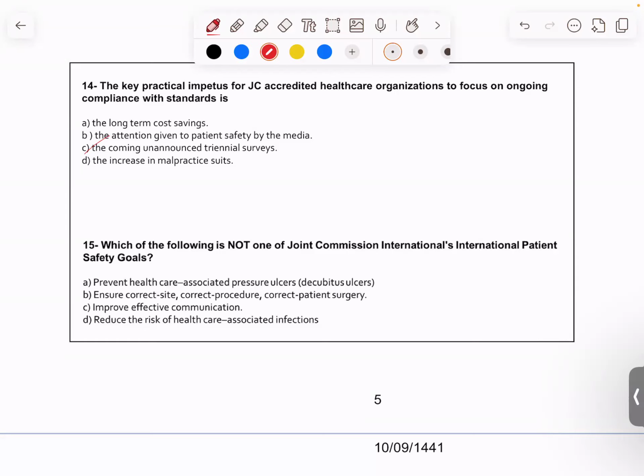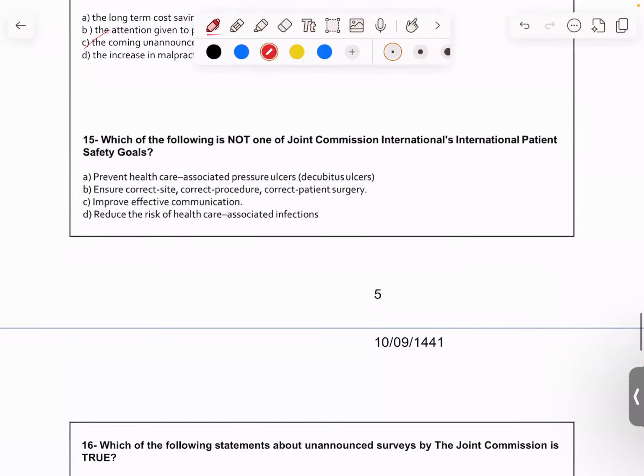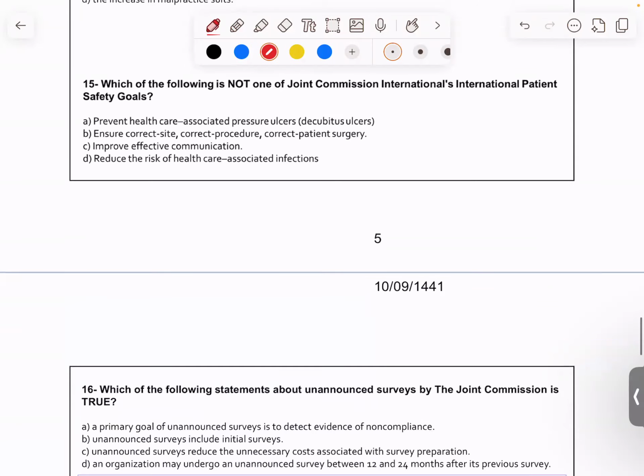Okay, number 15. Which of the following is not one of the Joint Commission International Patient Safety Goals? A, prevent healthcare associated pressure ulcers. B, ensure correct site, correct procedure, correct patient surgery. C, improve effective communication.